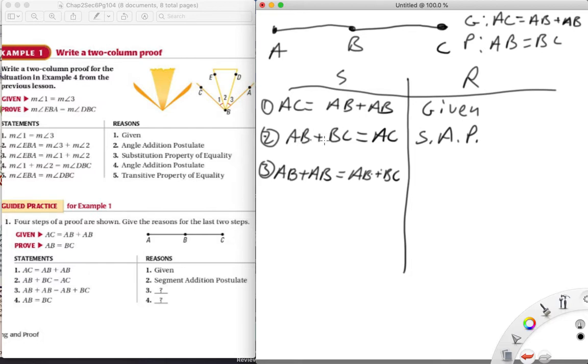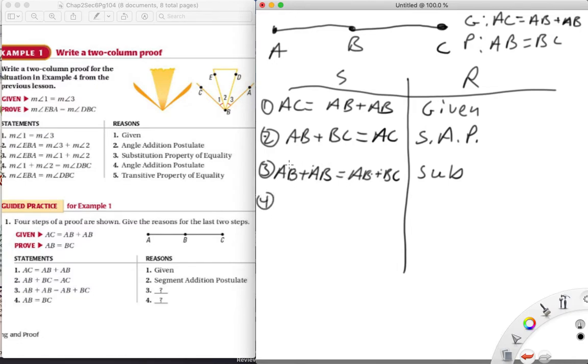We have AB plus BC equals AC here for the segment addition postulate. Then if you look at our given, we have AC equals AB plus BC. We have AC over here and AC over here, so we can substitute these for each other. We're using the substitution property of equality because we're subbing AB plus BC for AC on the right hand side.